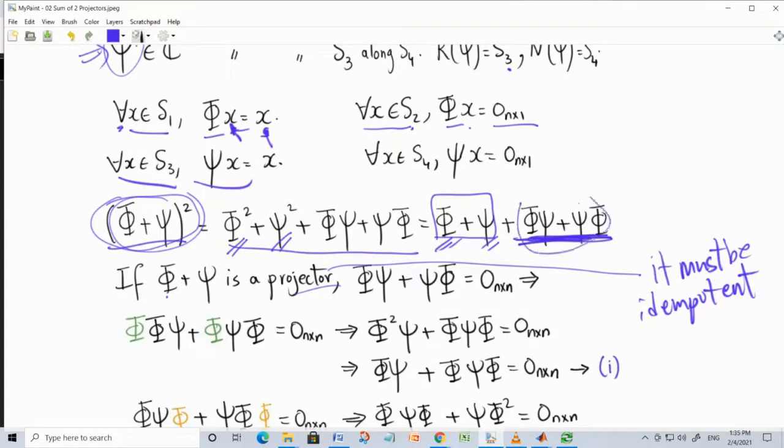In that case, the difference between the square and the sum is this matrix here, so it must be the all zero matrix.